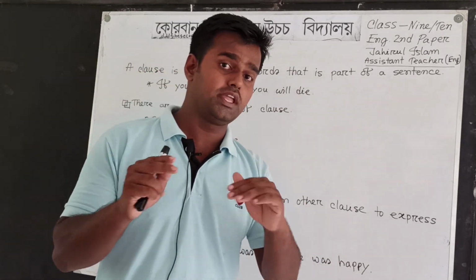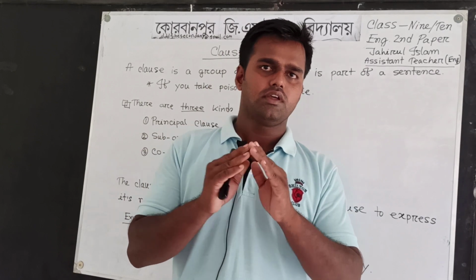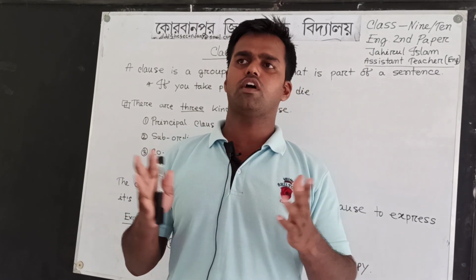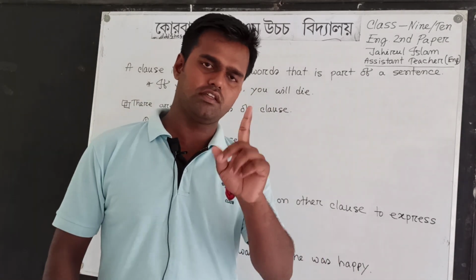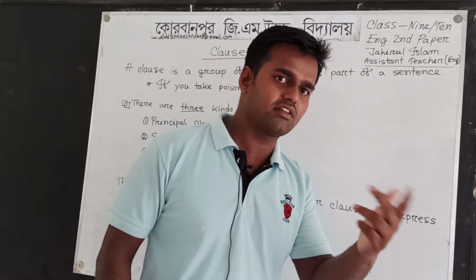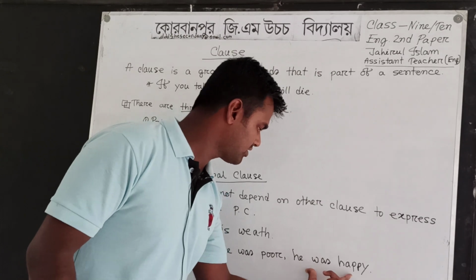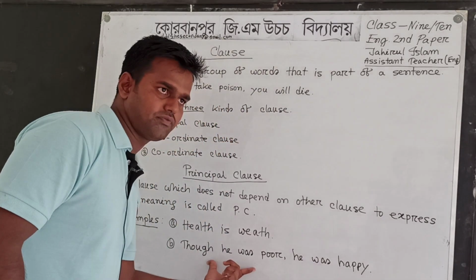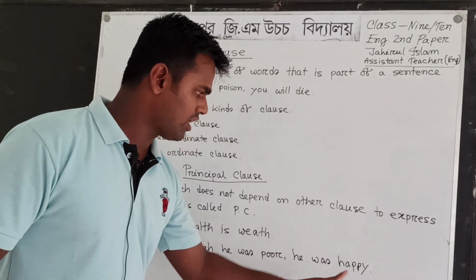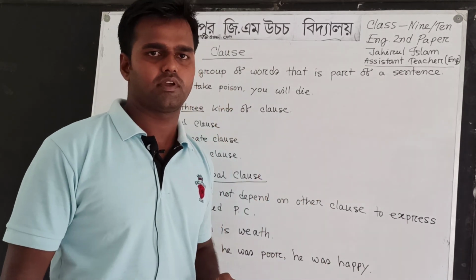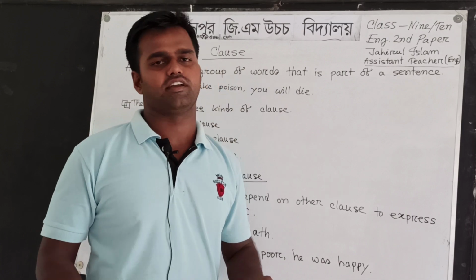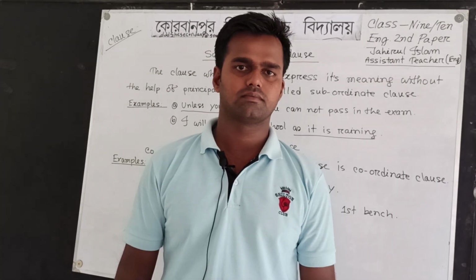But listen carefully: he was happy. This 100% clears the meaning of the sentence. It does not need the help of the other part. He was happy is the principal clause. Can you understand? Okay.